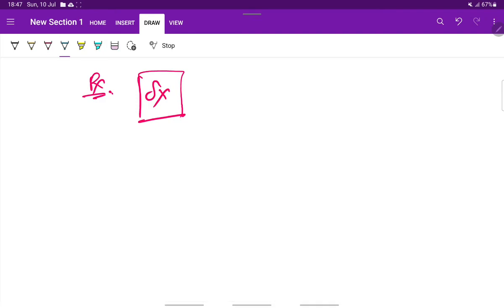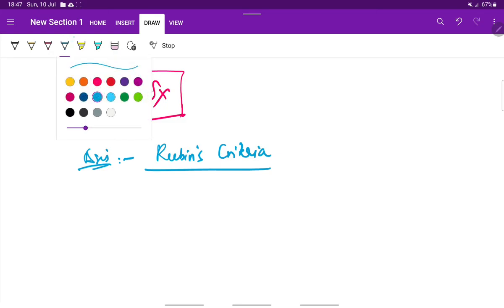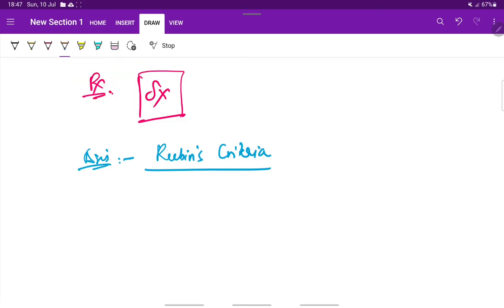And here for the diagnosis of cervical pregnancy, there is a criteria called as Rubin's criteria. It says that the uterus will be smaller than the cervix, which is distended.